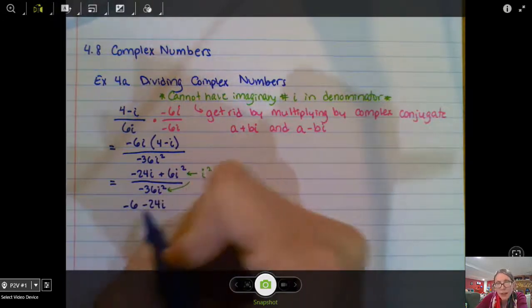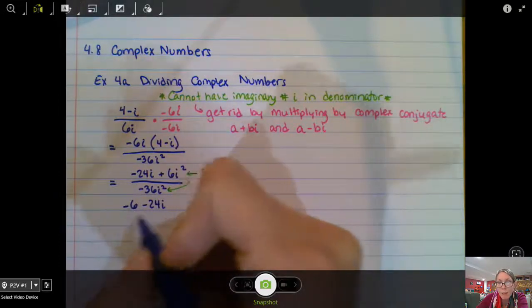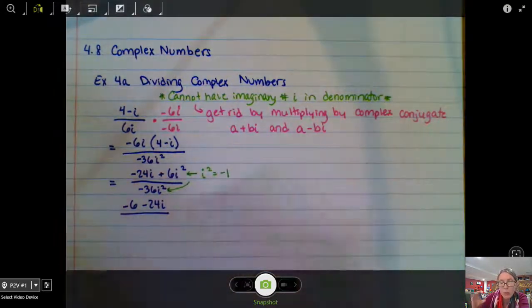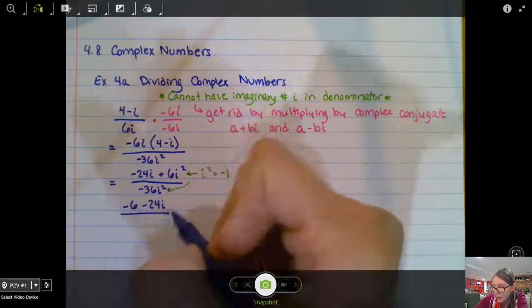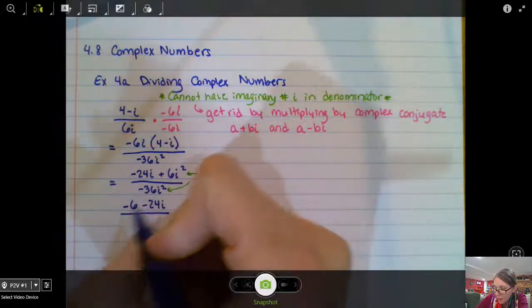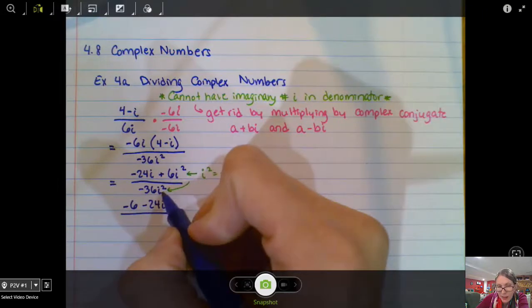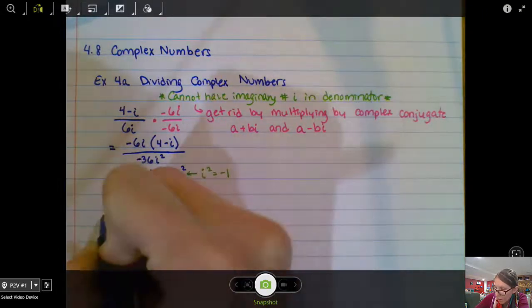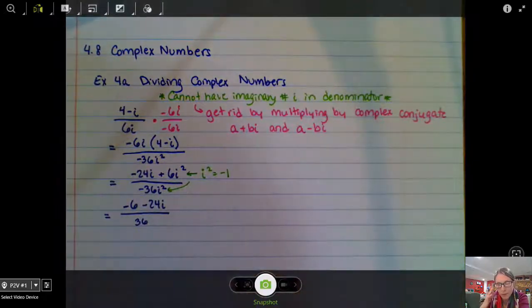And I'm writing that right ahead of my negative 24i because with our complex numbers, traditionally, we have the real part that comes first and then our imaginary. So negative 6 minus 24i at the top, negative 36 times negative 1 is positive 36 on the bottom.